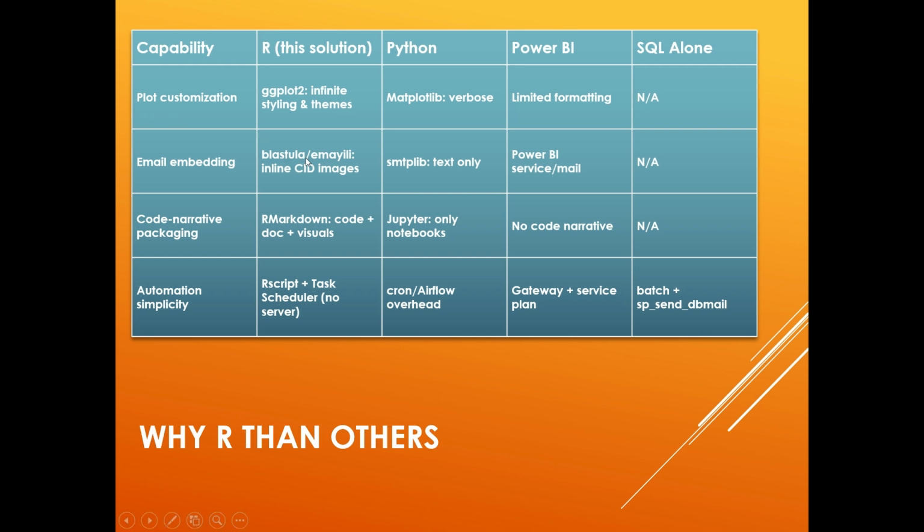Second is email embedding. For email embedding, we are using Blastula and email libraries with inline CID images. So with CID images, we are embedding content directly into the HTML email body, so it will give a much higher quality visualization. For comparison, Python provides the SMTP library, text only.